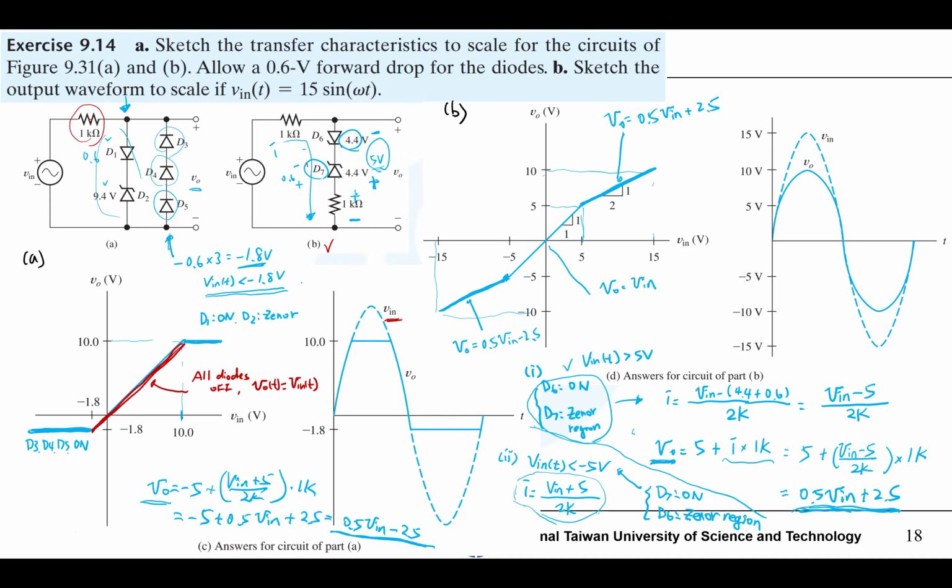And then here we plus V in plus 5 divided by 2K because here we still assume current flowing this way, but in reality it is negative. But we keep this times the 1K ohm resistance. It is the voltage consumed by this part. So we have this.